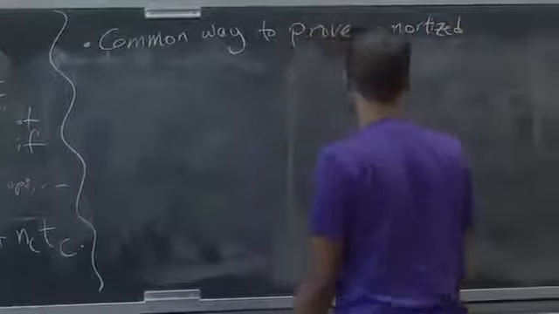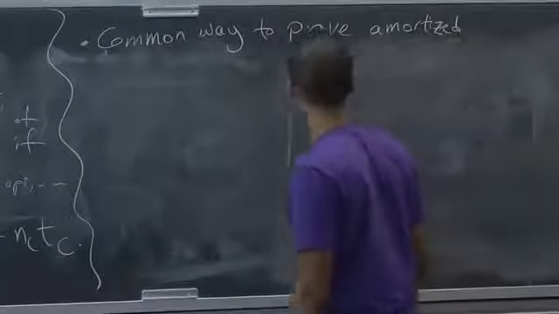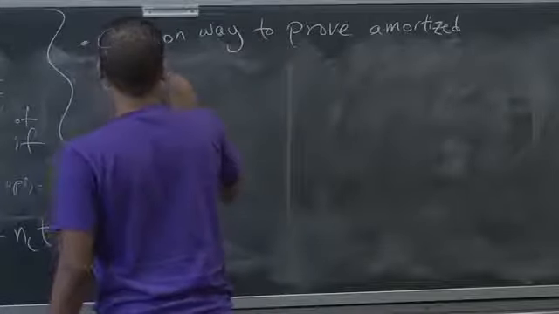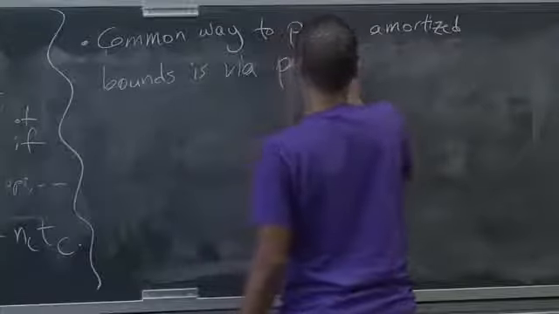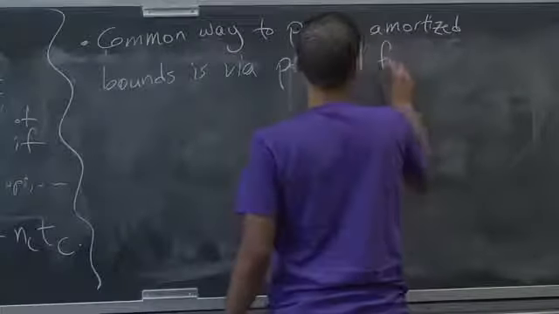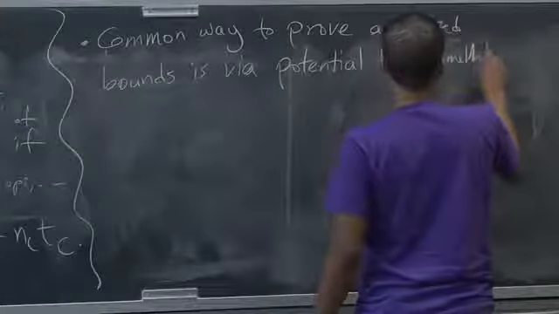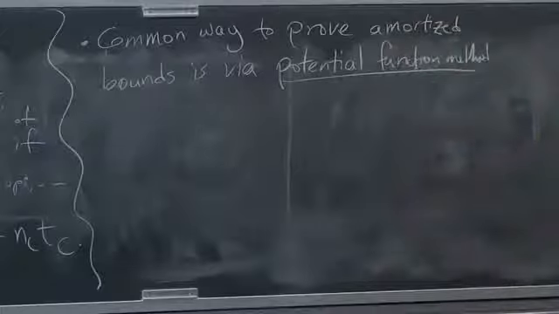Sometimes it can be weirder than other times. So a common way to prove amortized bounds is via the potential function method. Okay, so what is that?